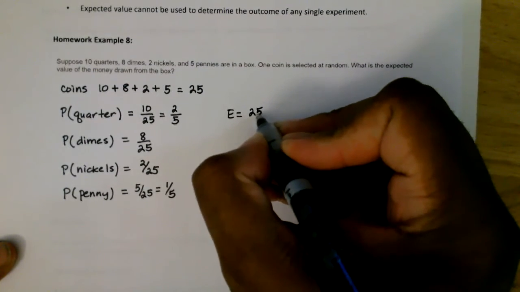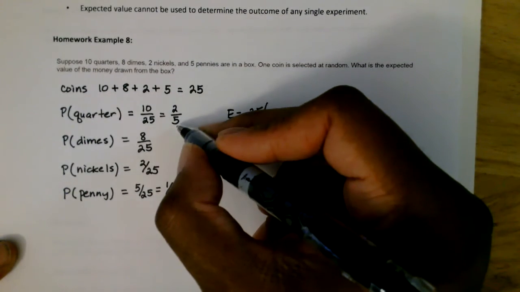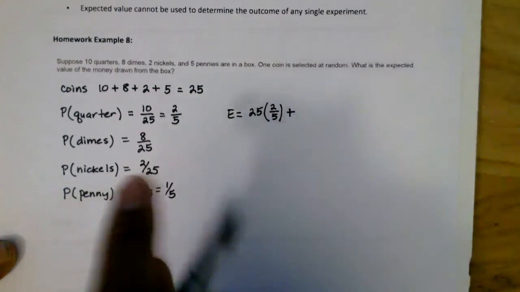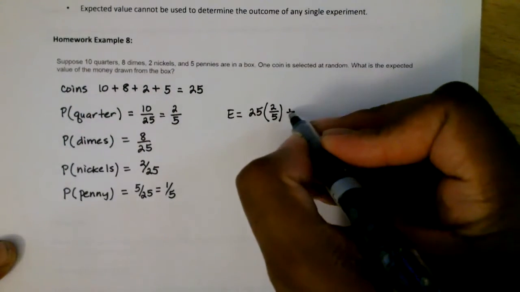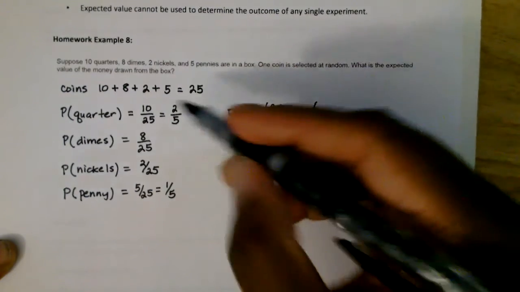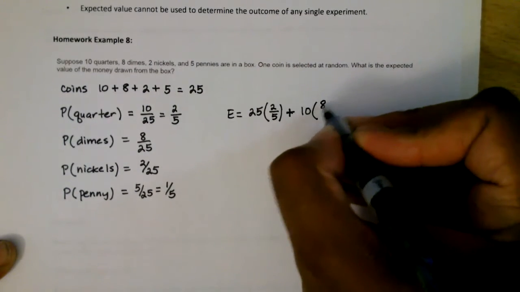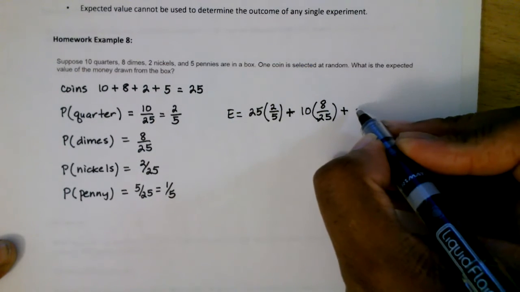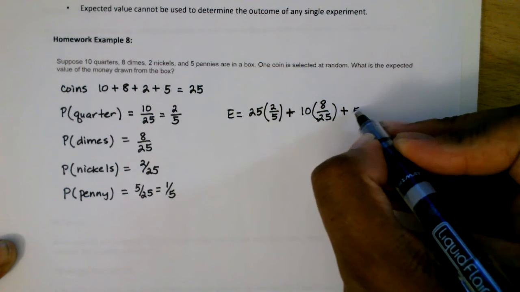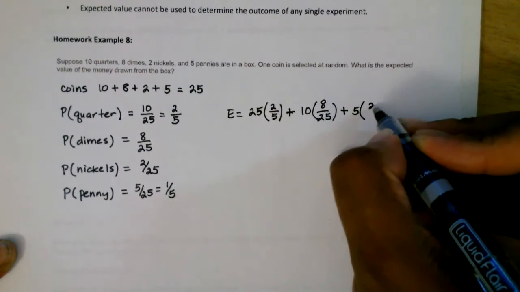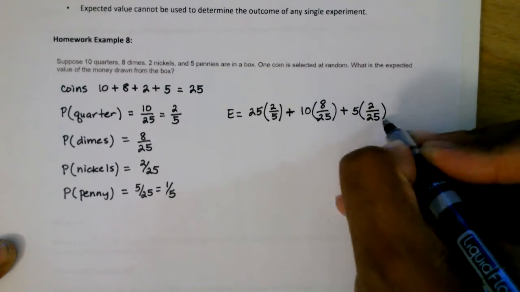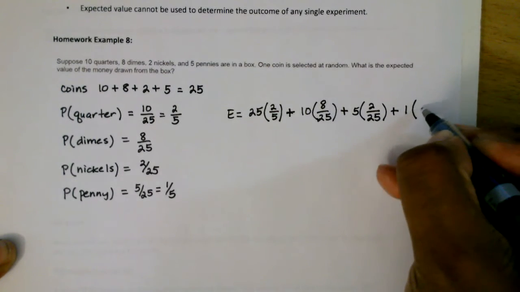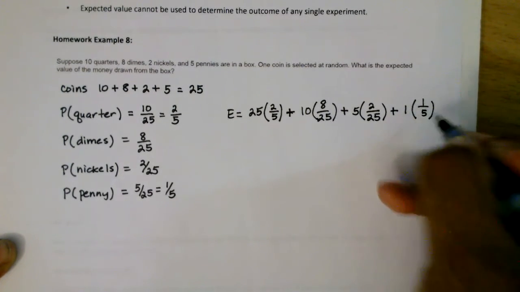So it'll be 25 times the probability of getting a quarter, 2/5, plus a dime is worth 10 cents times the probability of selecting a dime, 8 out of 25, plus a nickel is worth 5 cents. So it'd be 5 times the probability of getting a nickel, 2 out of 25, plus a penny is worth 1 cent times the probability of selecting a penny, 1/5.